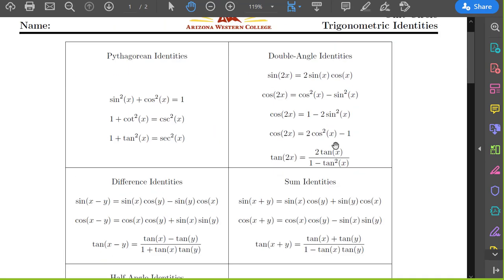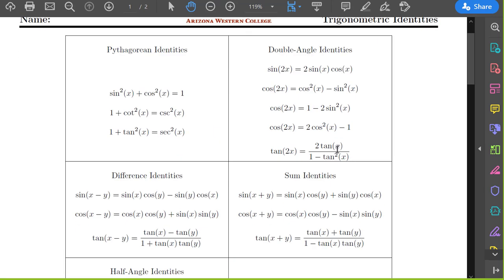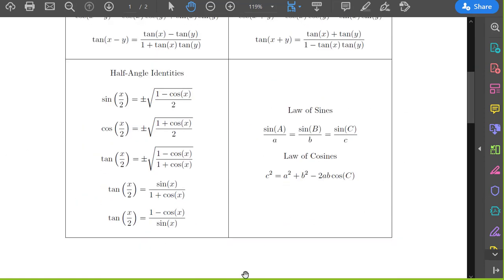On the other side, we have a list of trigonometric identities. So the unit circle handout isn't going to have every possible trigonometric identity, but it does have some ones that are important and that we're going to use. We will be going over these. And then in the bottom right-hand corner, there are a couple of things that aren't trig identities that we will talk about, namely the law of sines and the law of cosines. And we'll get to those a little bit later.